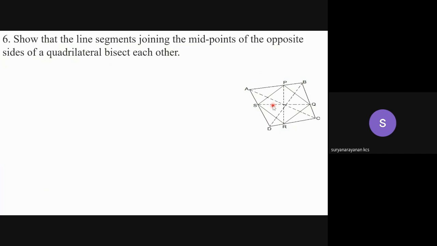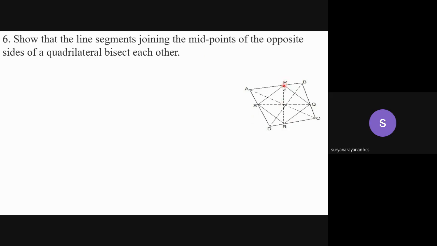We have taken these four midpoints of the four sides. Now we have to show that if you join these midpoints, what should be done? The line segments joining the midpoints. If you join these midpoints P, Q, R, S, we get a quadrilateral.